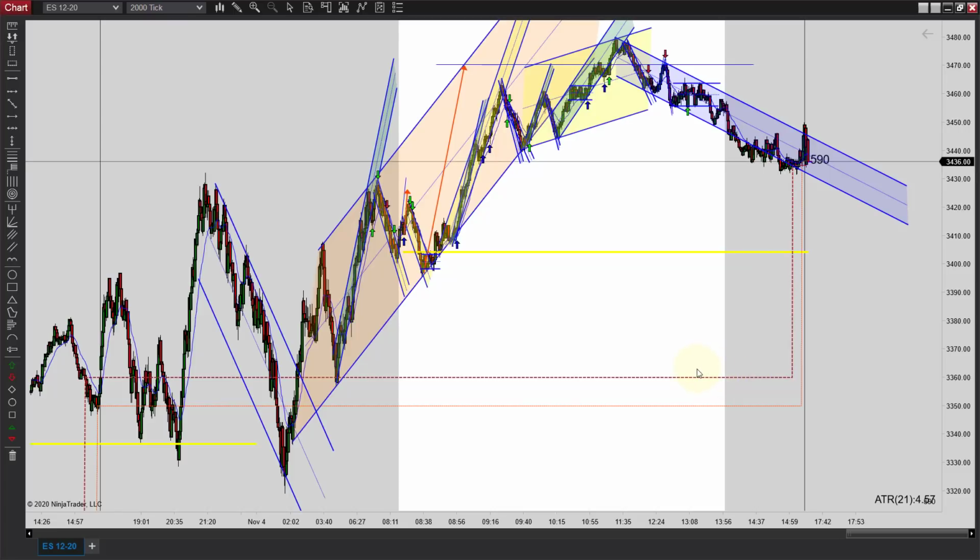And that's the big picture, and there's lots of little trends and channels within all of that, and there's even more micro trends and channels within those. So it's a tough day just because of the volatility, the volume, and the fact that from here on it was just kind of up and down and all over the place.